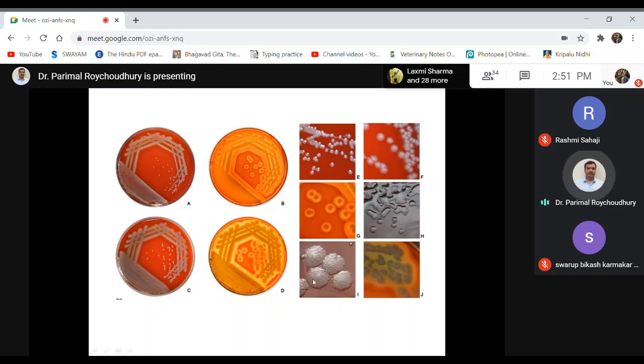Look at this picture here. You can see the surface is not smooth, as if some sand-like particles are present on its surface. So we call them rough surface colonies, and comparatively they are much bigger in size. This organism doesn't produce any hemolytic reactions, whereas these produce prominent hemolytic reactions.